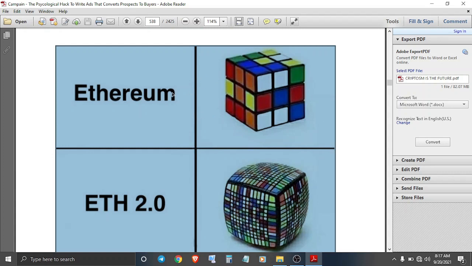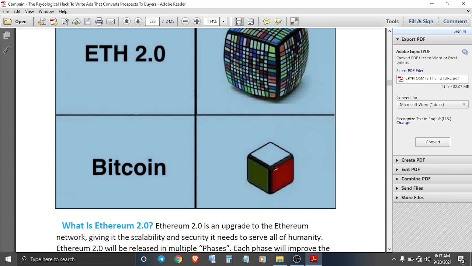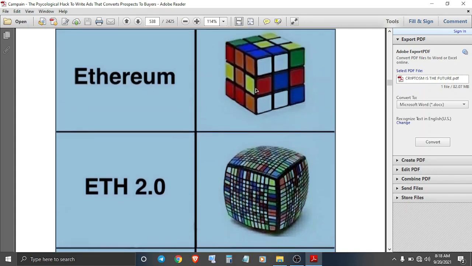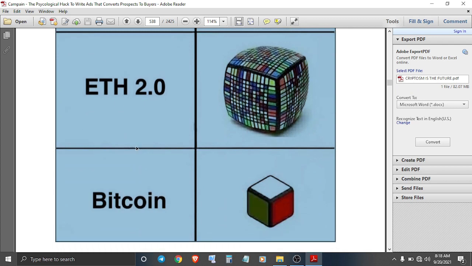You can see how Ethereum has so many blocks. Ethereum 2.0 has more than so many blocks, and you can see how Bitcoin blocks are very small. So this is just the main difference between Ethereum, other blockchains or coins, and Bitcoin.